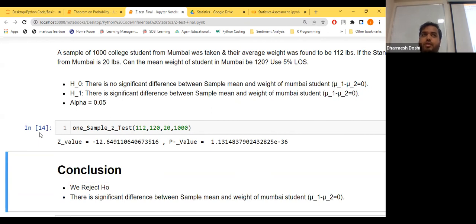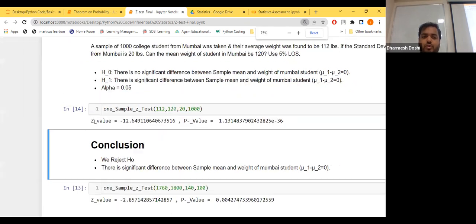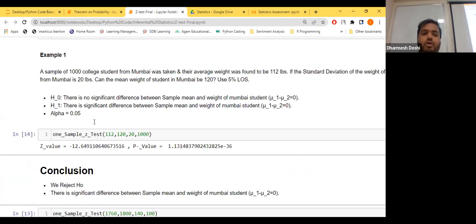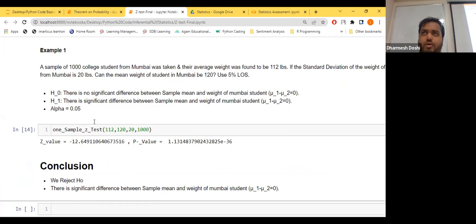Clear. Easy, guys. Sample 1, run the test, conclusion. Same way we have done two examples, or was it only one?